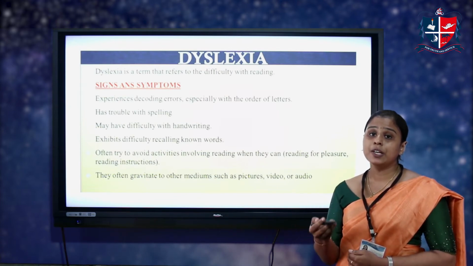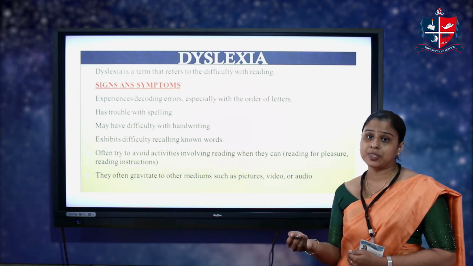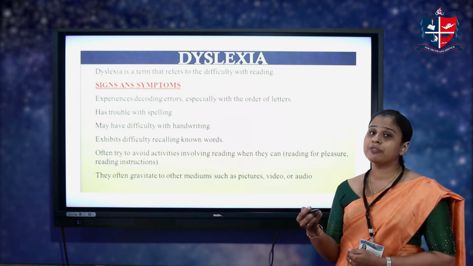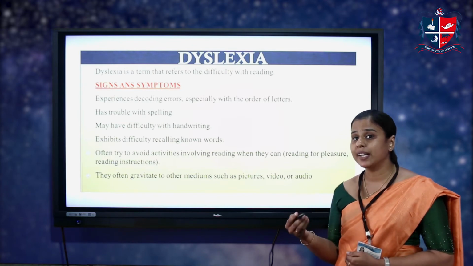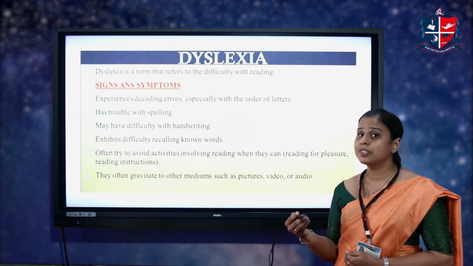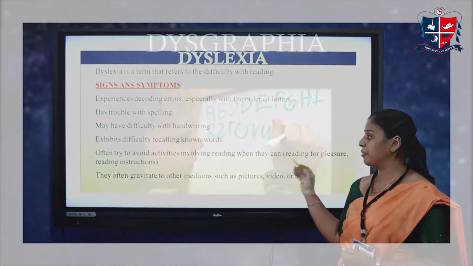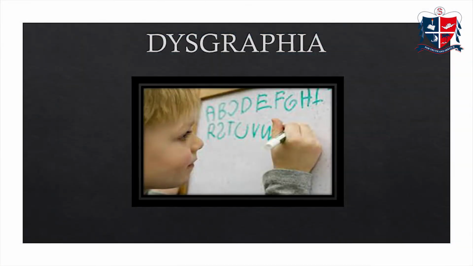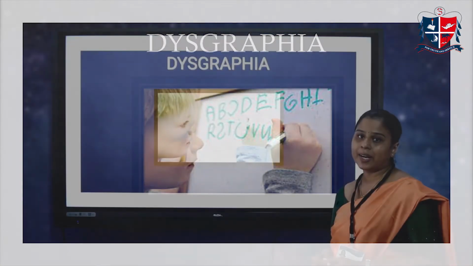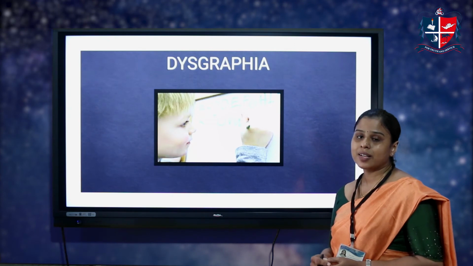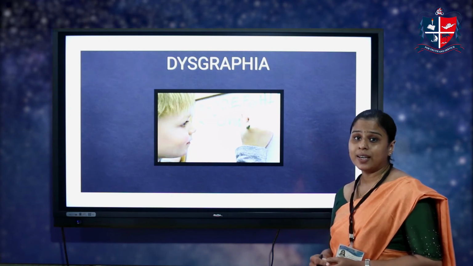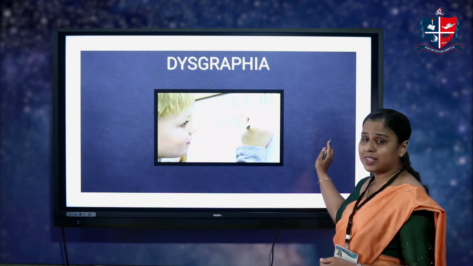They will sometimes read potato as tomato. These are some simple difficulties, but when not identified at an early stage, they lead to severe difficulties. Now we are moving to the next type, dysgraphia. Dysgraphia means difficulty in writing. Let's see what it is.